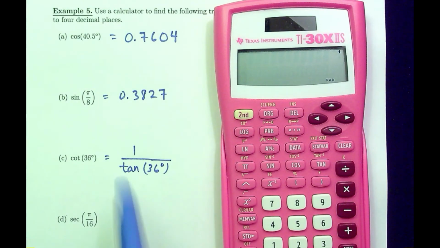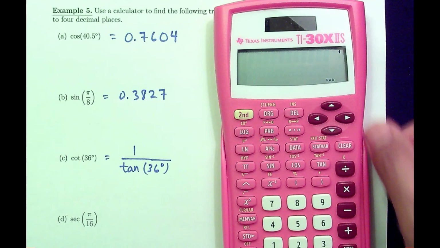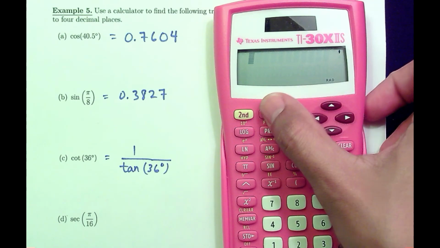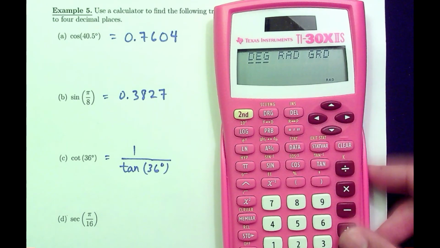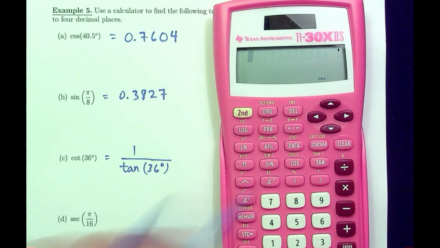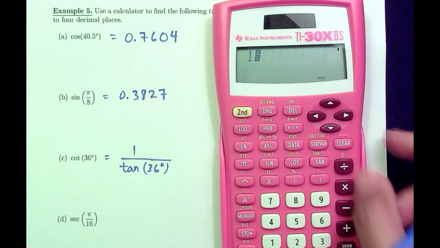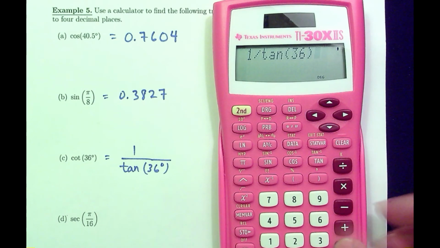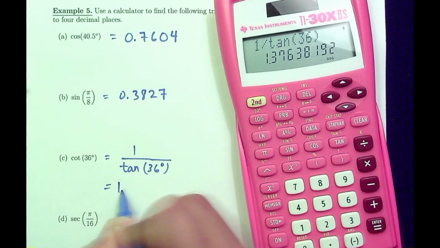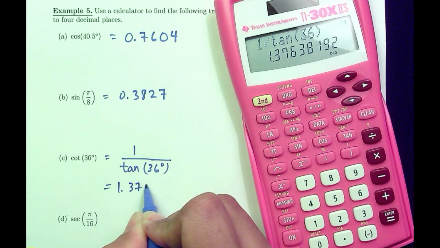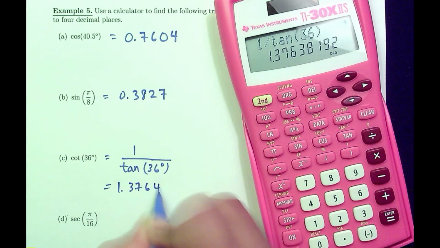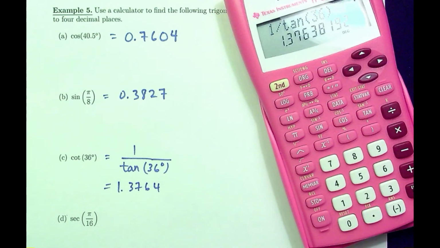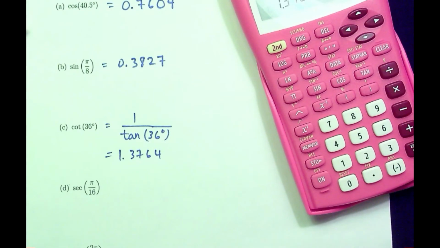Now, this problem is in terms of degrees, so we have to change it back. Now it says degrees, so we're good to go. This one is 1 divided by tangent of 36, and this is 1.3764. Okay, so that's the answer for that.